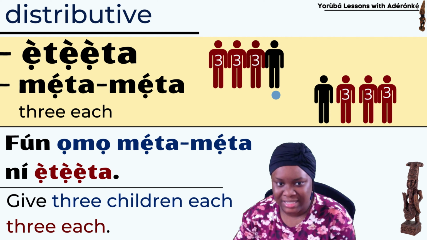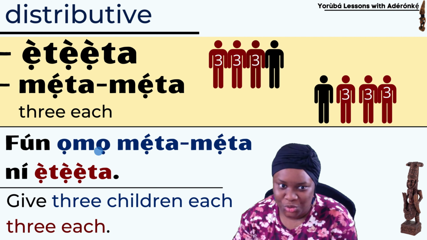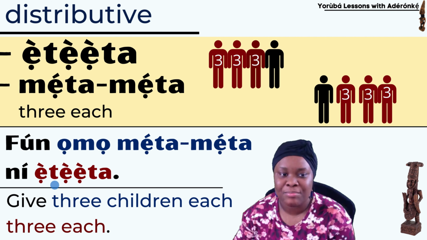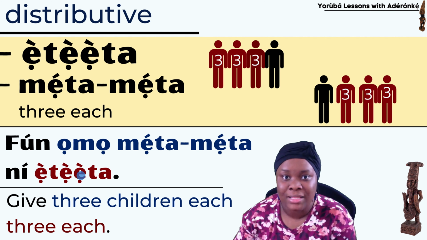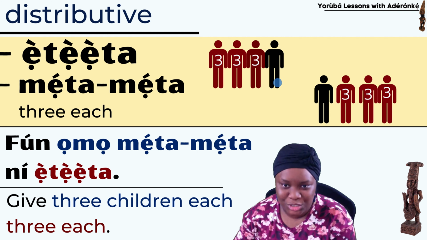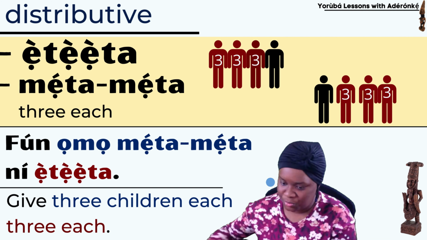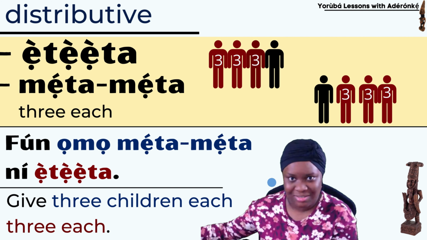Ní ẹ̀tẹ̀ẹ̀ta. So this was just to show you that if it's to come after a noun, ọmọ, child, is a noun, mẹ́ta mẹ́ta. But if it's not, like here, ẹ̀tẹ̀ẹ̀ta. Give 3 children each, 3 each. It's distributive. 3 children from each group, give them 3 each.